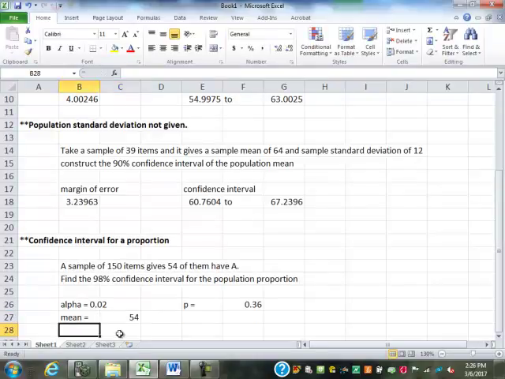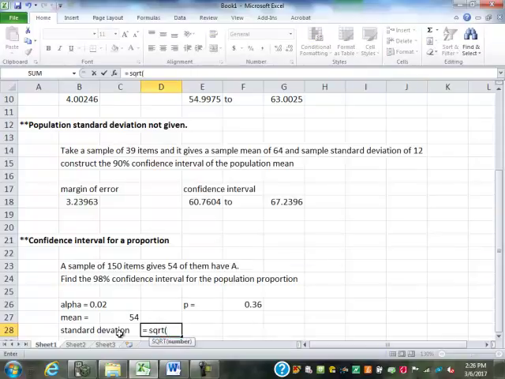The standard deviation is more important here. And that's going to equal the square root of n, which is the 150, times p, which is the 0.36, times 1 minus p.